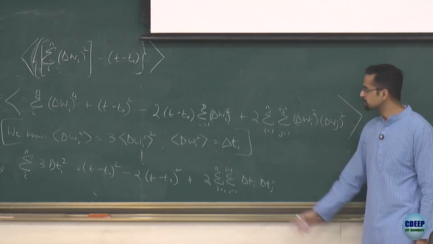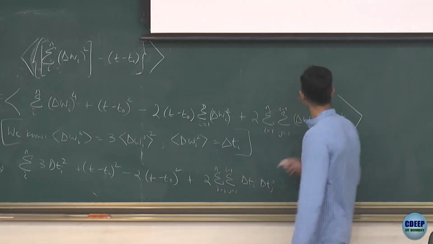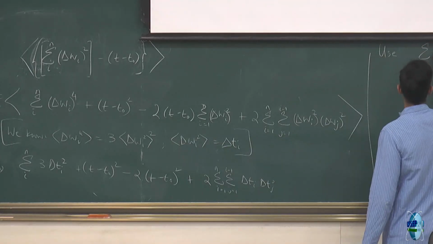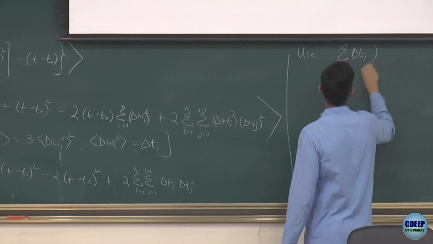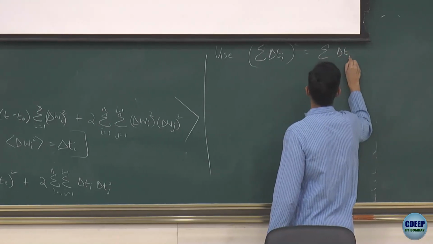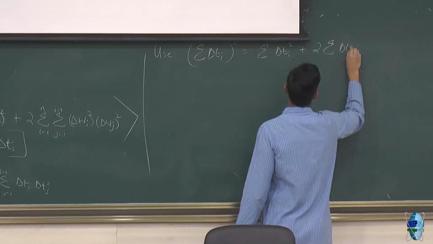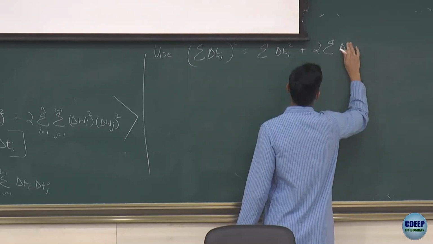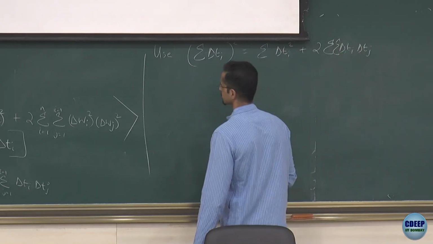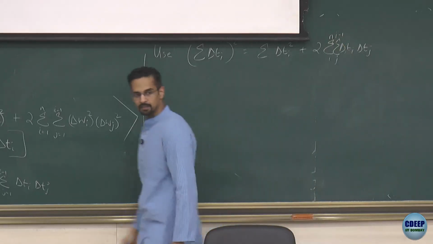just the same logic I used to write this, if I invert it back. So we'll use the fact that summation delta T i the whole square is equal to that exact double summation over i, j from 1 to n.